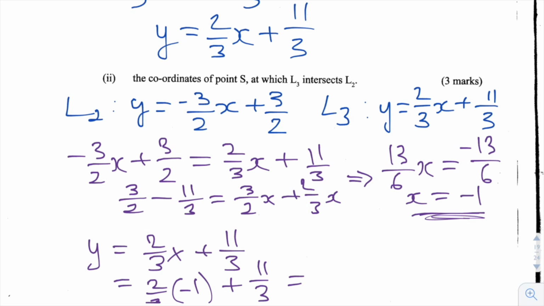That gives us 11/3 minus 2/3, which is 9/3, the same as 3. So it's at the point where x is equal to -1 and y is equal to 3 that L2 and L3 meet. So S has the coordinates (-1, 3).